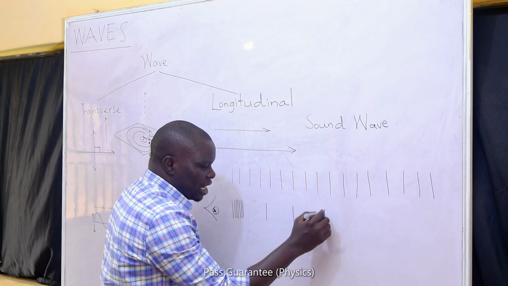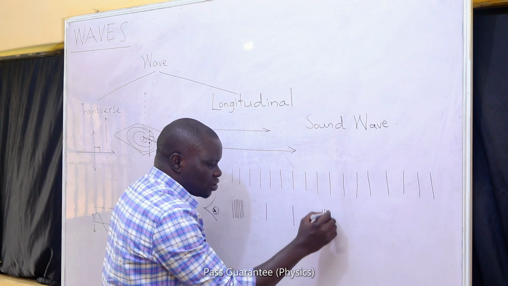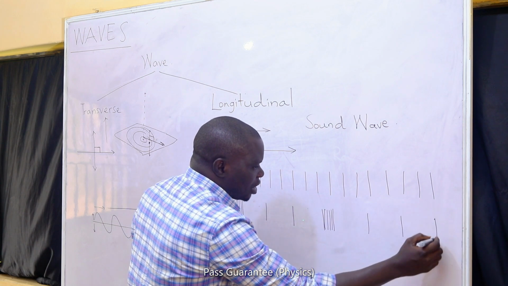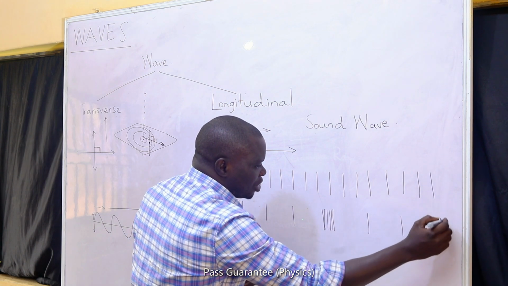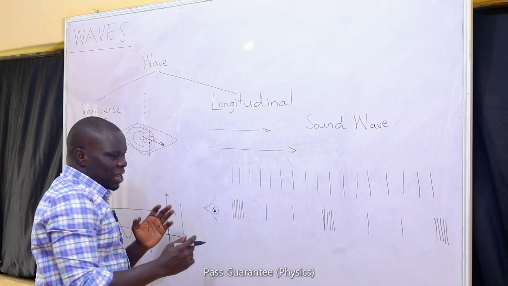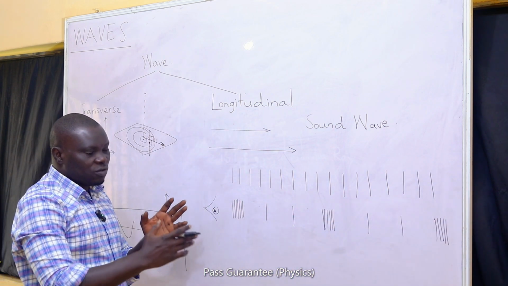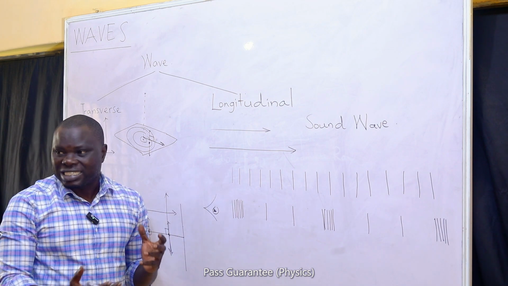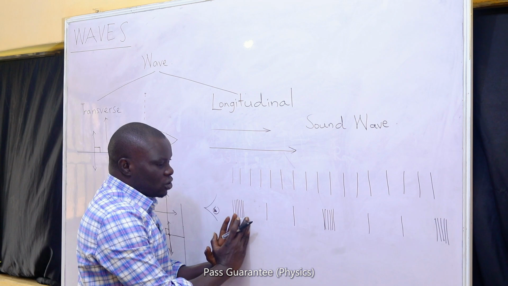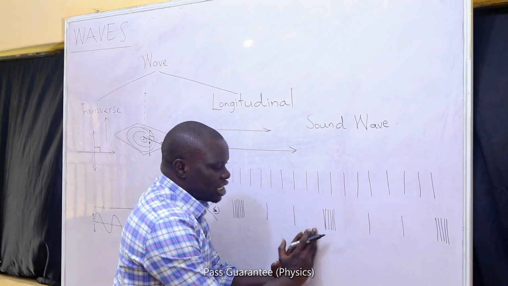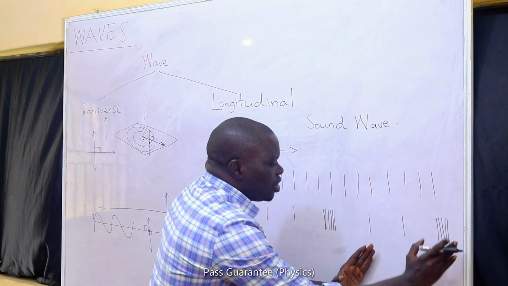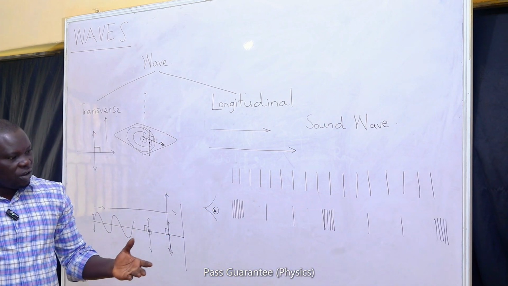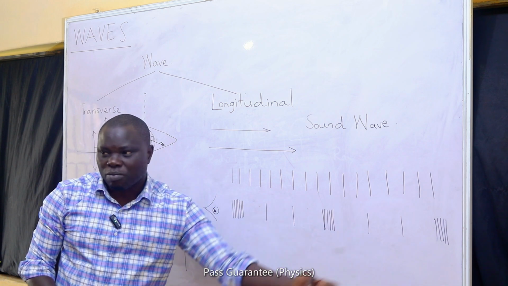Then you have another region that is clustering together, then another region that will space out, then another region that will cluster together, and another region that will space out. So the particles of the medium carrying the wave will behave in an elastic form. You suddenly have them clustering together, spacing out, clustering together, spacing out, until it gets to the other end where it is traveling to. So we believe that this is how longitudinal waves are propagated.